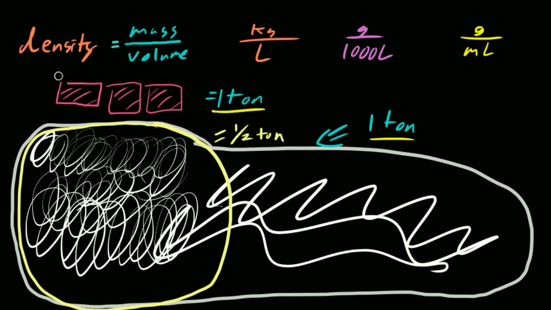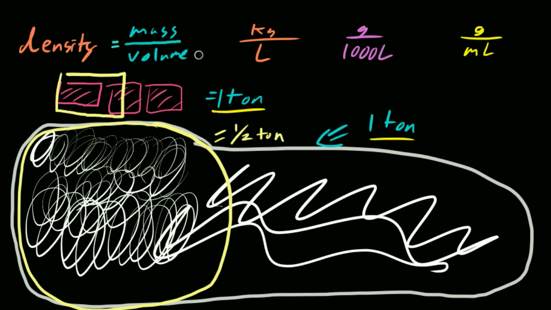Similarly, if we had half a ton of bricks, first off, we would have half as many bricks, so our mass would be one half of what it had been. So the mass is directly dependent on how much stuff there is. The mass is going to be an extensive property.